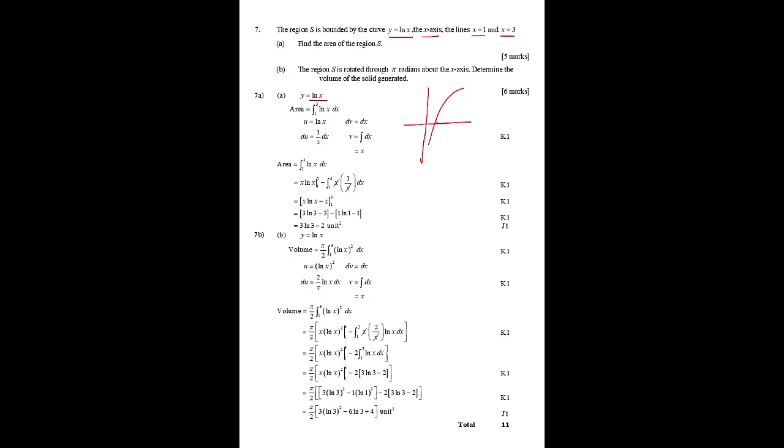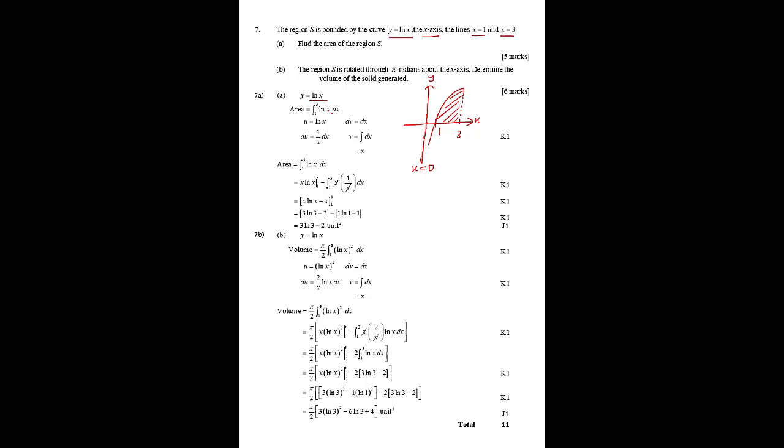It will intercept the x-axis at 1, and you have an asymptote at x equal to 0. Then you can identify the area, bounded by x equal to 1 and x equal to 3 and bounded by the x-axis. Here is the area you need to find.